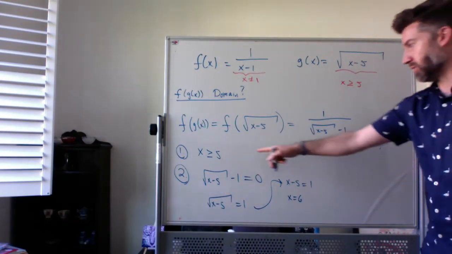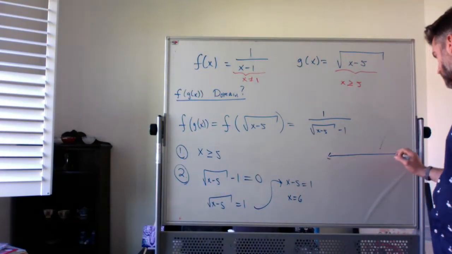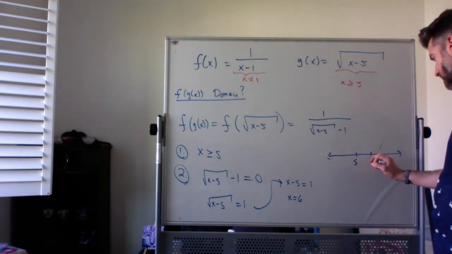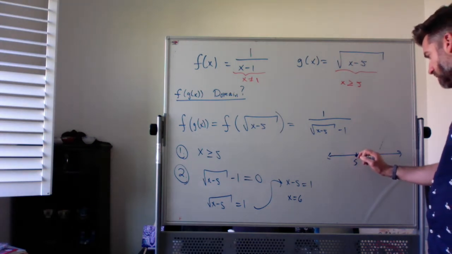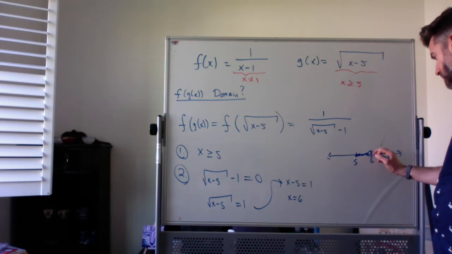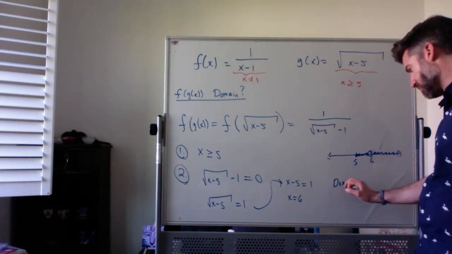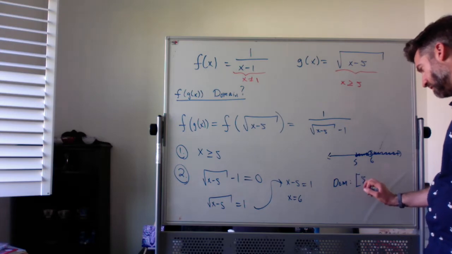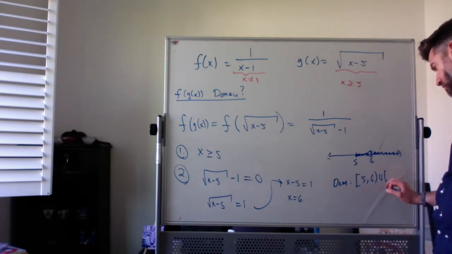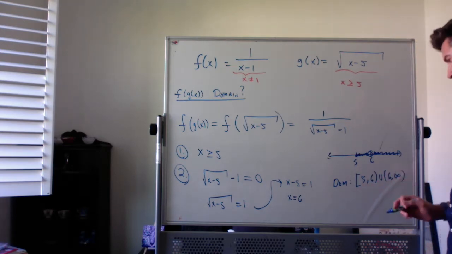So combining both of these together, we've got 5 here and 6 here. We want everything bigger than or equal to 5, but we don't want 6. So our domain would be everything from 5 to 6, union 6 to infinity.